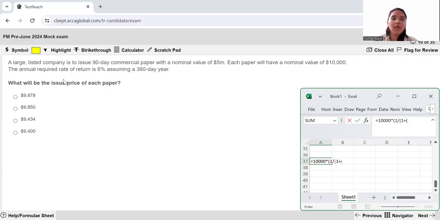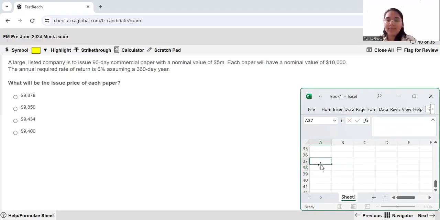So basically, 6% is given to you as annual, but you need to account for the fact that this is only a 90-day commercial paper. So 6% into 90 by 360 is what you will have to do over here, into 1 plus 6% multiplied by 90 by 360. So you close all of your brackets, hit enter, and you will have your answer.